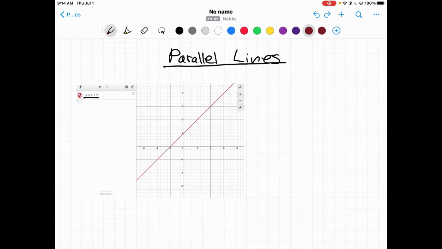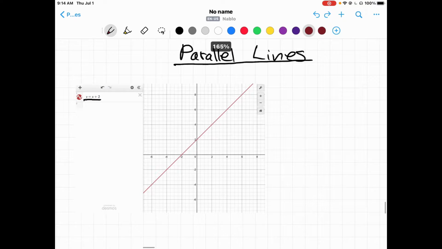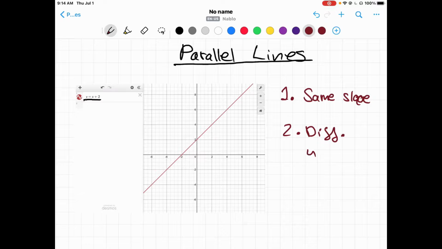Well, that's what I'm about to explain. In order for another linear graph to be parallel to this line, y equals x plus 2, it must have the same slope, and a different y-intercept.